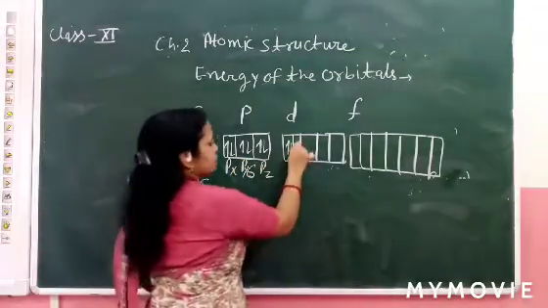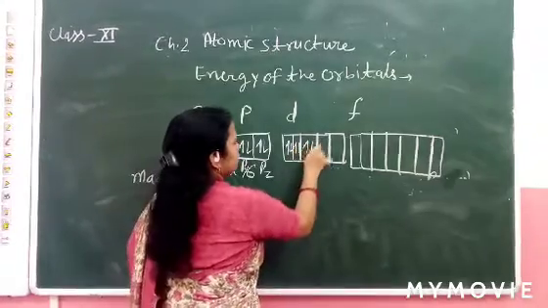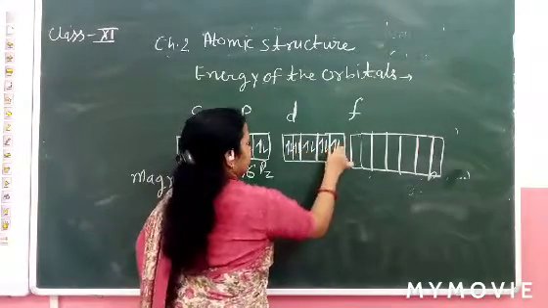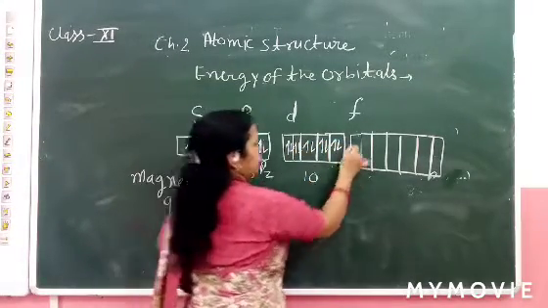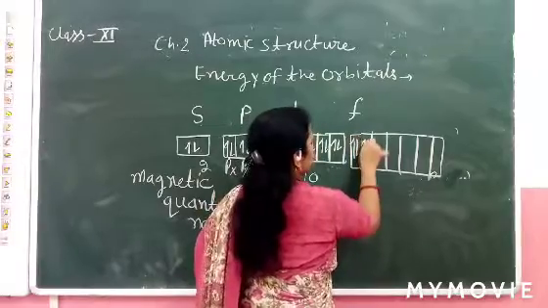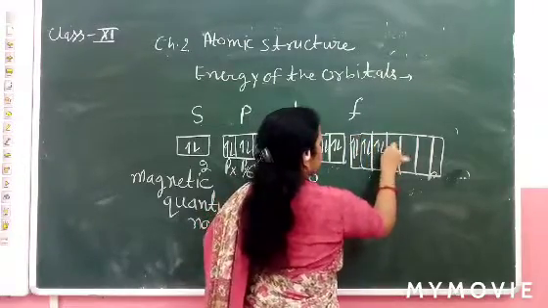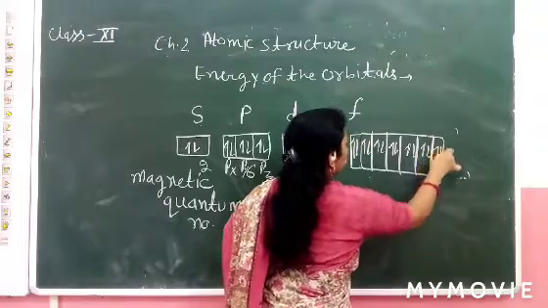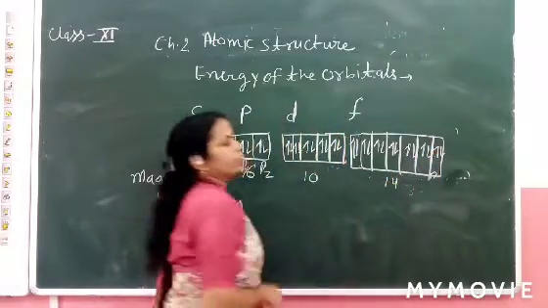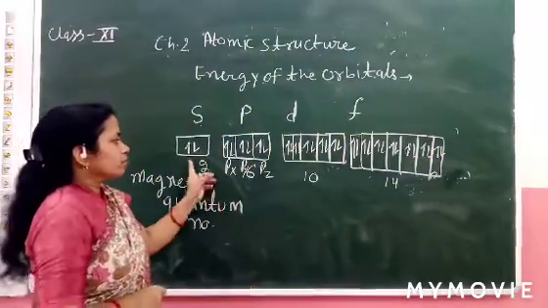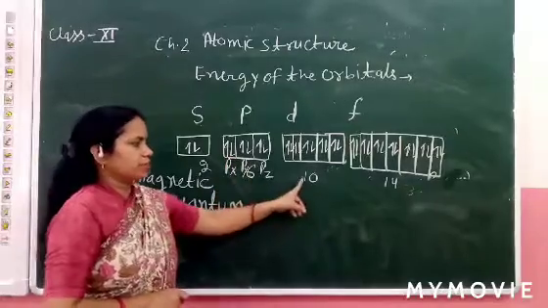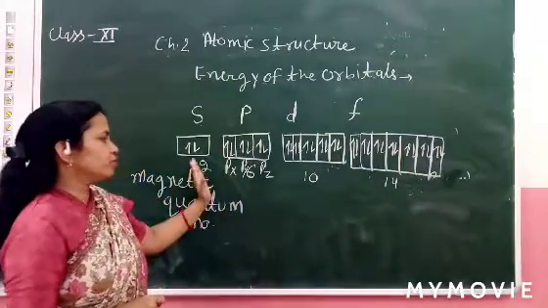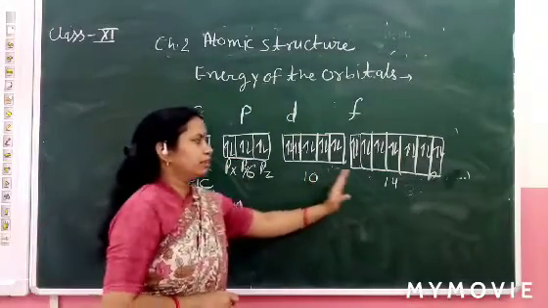D orbitals have 10 electrons, and in F orbitals the maximum capacity is 14. So the maximum capacities are 2, 6, 10, 14.